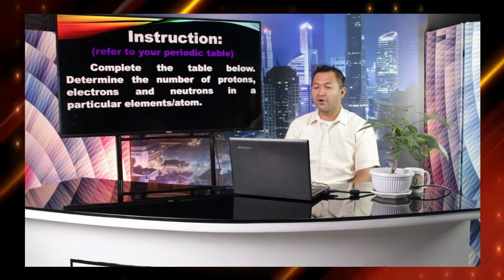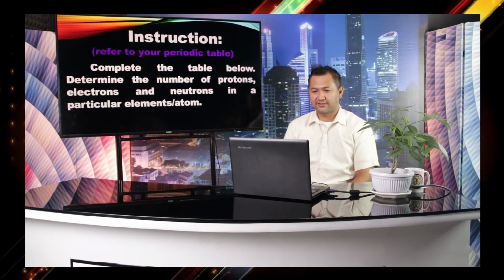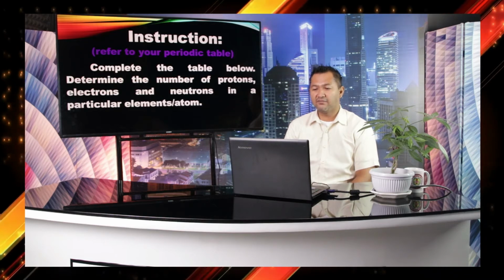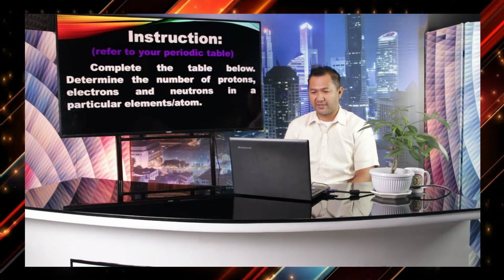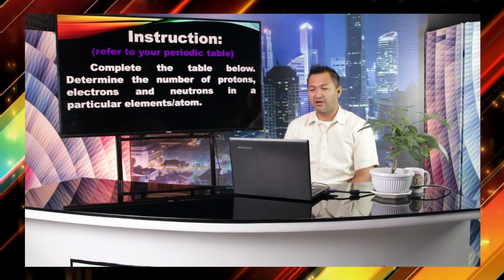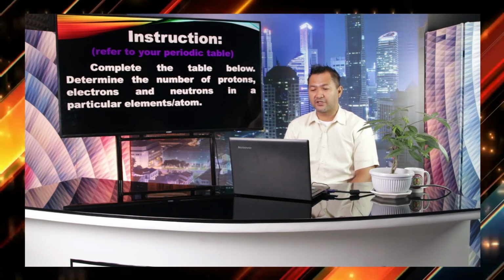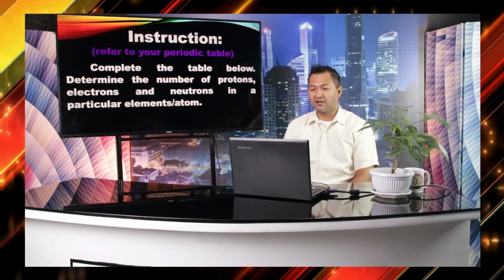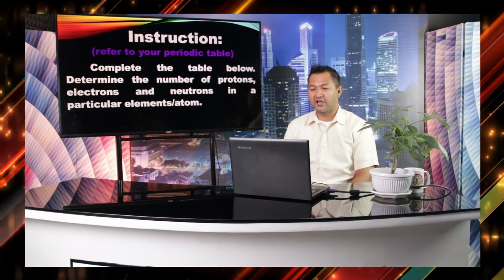Make a table or box with 4 columns. The first column is for the element. The second column is for the number of protons. The third column is the number of electrons.